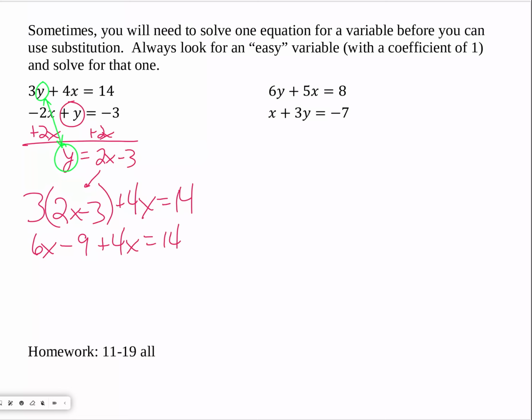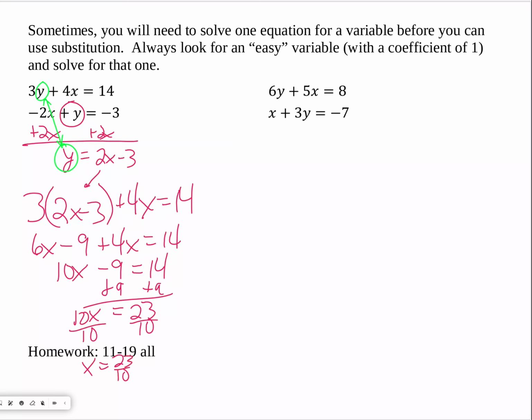Combine like terms. 6x and 4x is 10x minus 9 equals 14. Solve for x still, get the x term by itself. We're going to add 9 to both sides. 10x equals 14 plus 9 is 23. Divide both sides by 10. So I have x equals 23 over 10. That doesn't reduce.